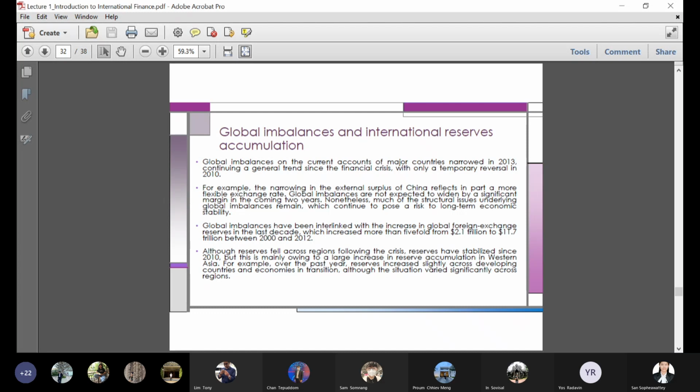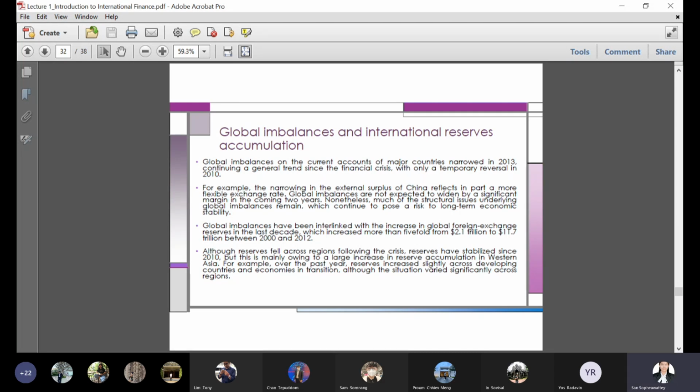After the GFC, we can see that reserves actually fell across the region following the crisis, because countries needed to take out their reserves in order to maintain their economic growth or to balance their economic stability.